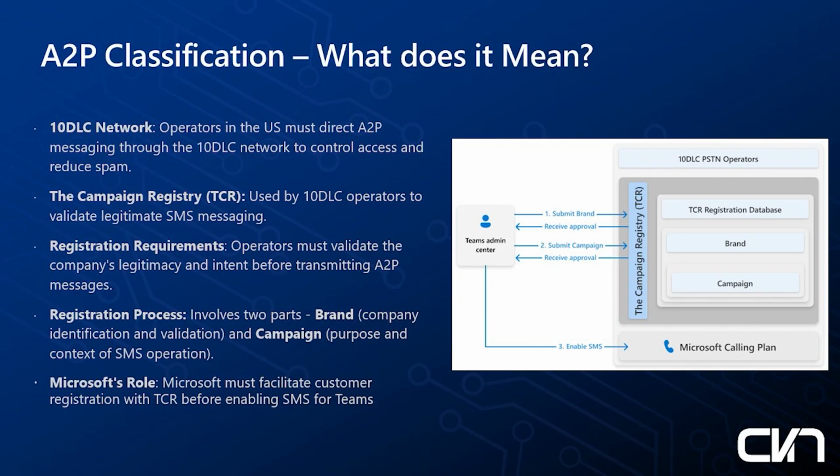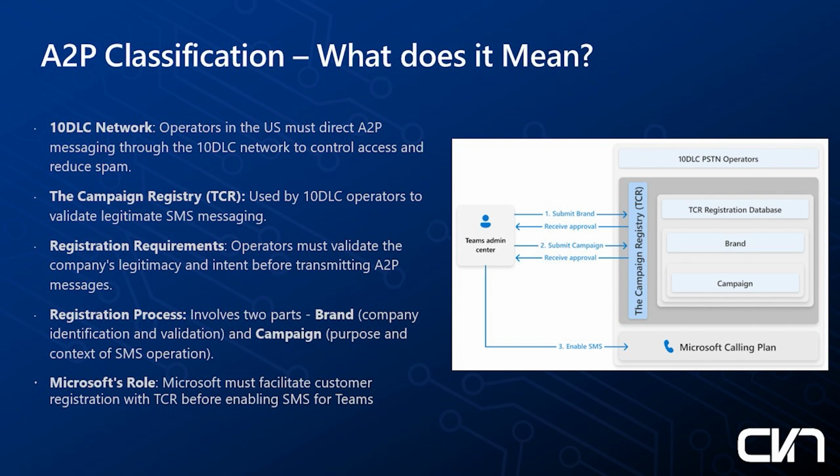The 10DLC network is a governing body that monitors spam and text messages, making sure you're registered and compliant with certain requirements. You register what we will call campaigns for usage for application texting.